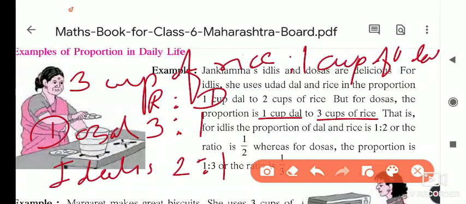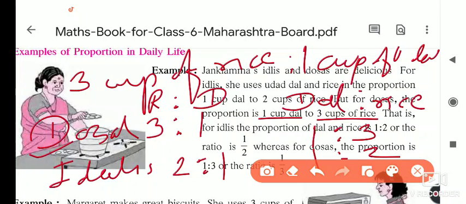Instead of writing this proportion as rice to dal, if we write it as dal to rice, then the proportion changes. For dosas, 1 cup of dal and 3 cups of rice, and here for idlis, 1 cup of dal and 2 cups of rice.